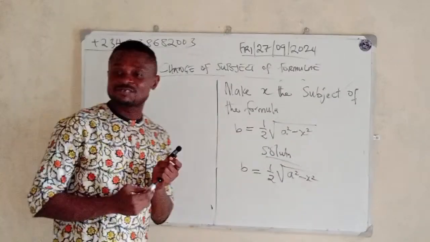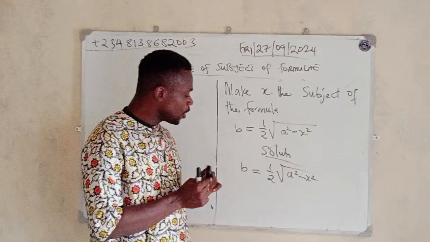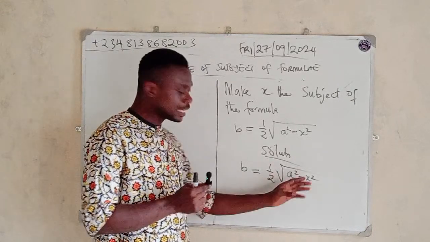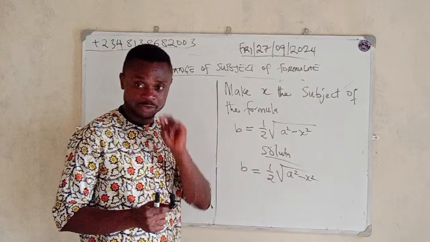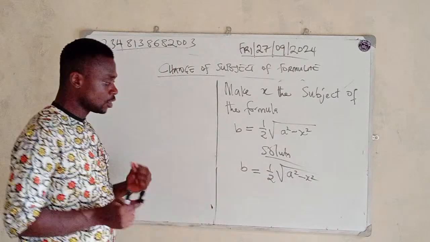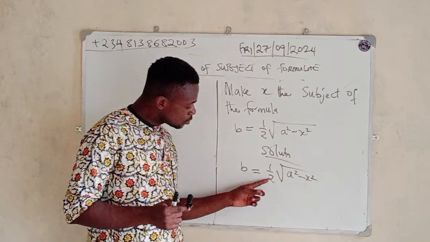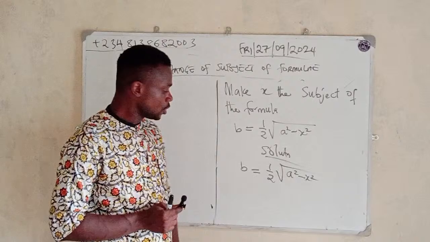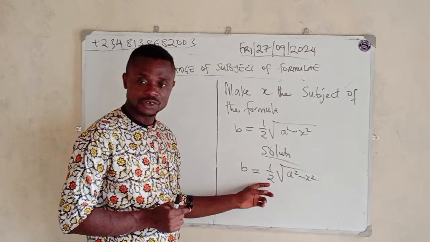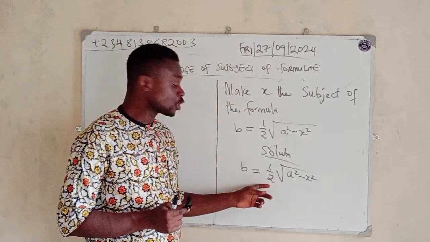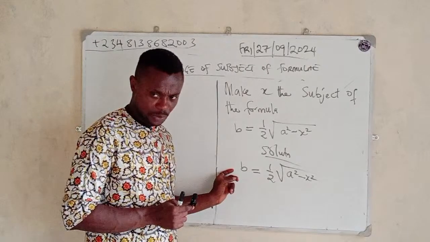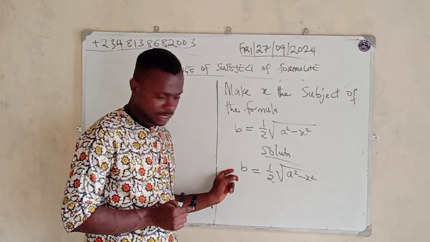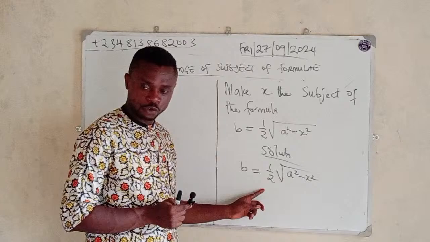Our target is to move every other thing to this side except x squared, not even x squared, all together. Let's start with this half. You want to clear this half. What do we do? We multiply both sides by 2. If you want to clear it, what do you do?